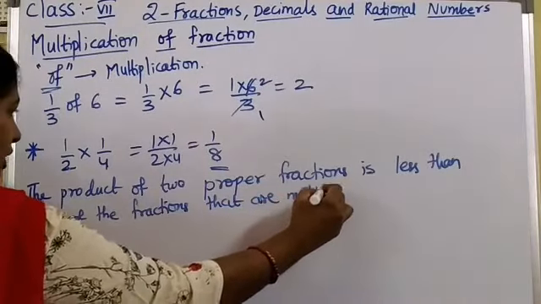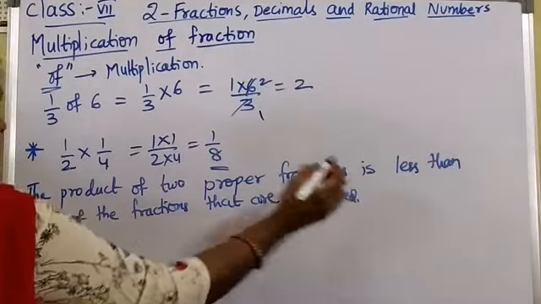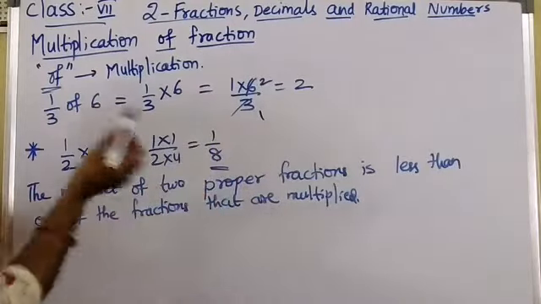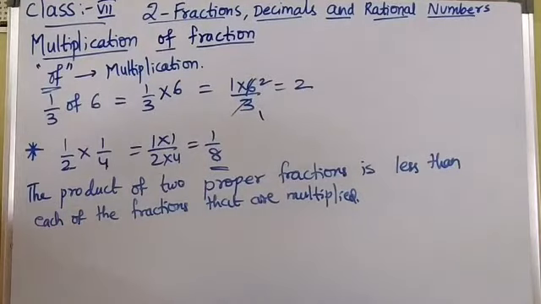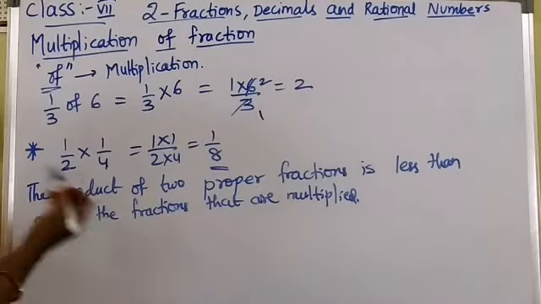So whenever you take two proper fractions and multiply, the answer we get is less than the two proper fractions. And next, we will take the product of a proper fraction and an improper fraction.